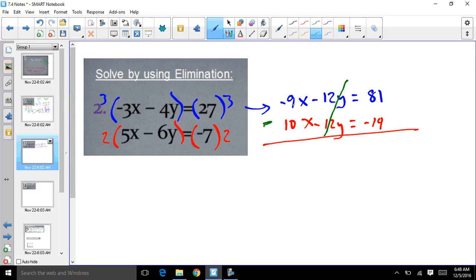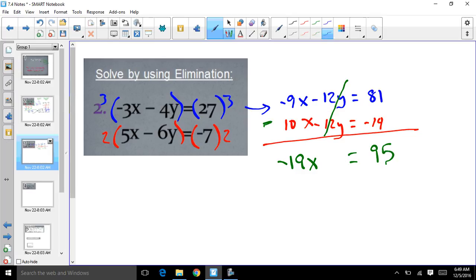Well, then I get a negative 9 minus 10. That gives me a negative 19x, which seems pretty crazy. But when I do 81 minus a negative 14, I'll actually add 14, and that gives me 95.